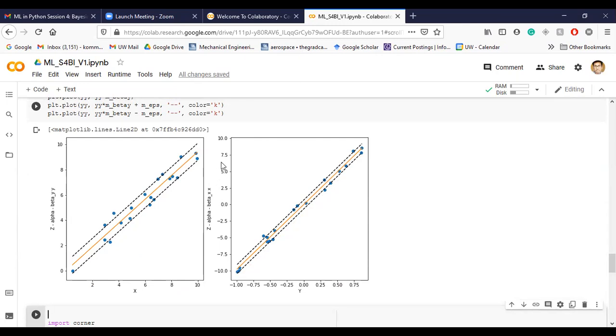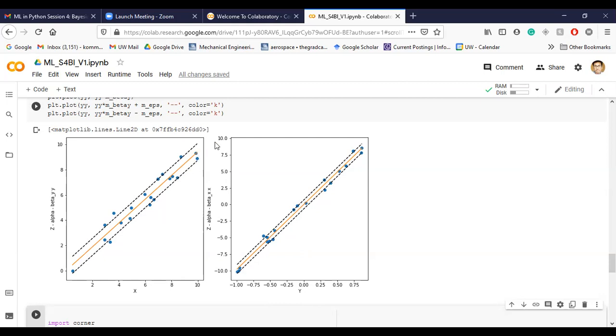This is something which would have been really hard to do with a frequentist approach. This is the z value against x, and this is the z value against y, and they do a pretty good job at forming the regression.